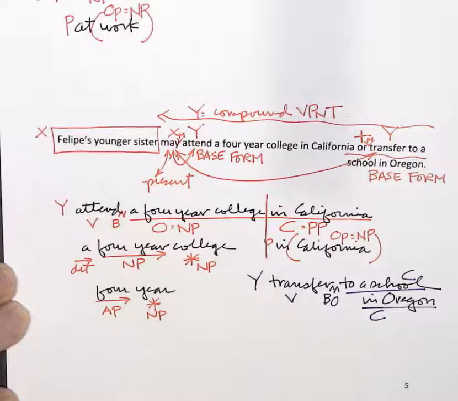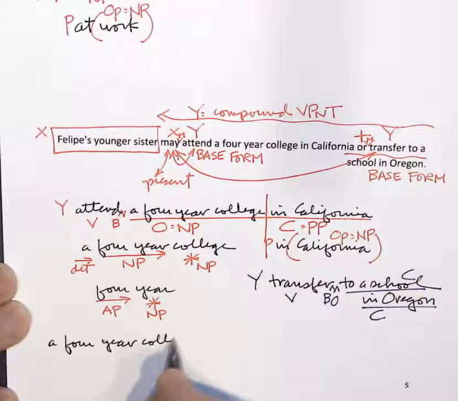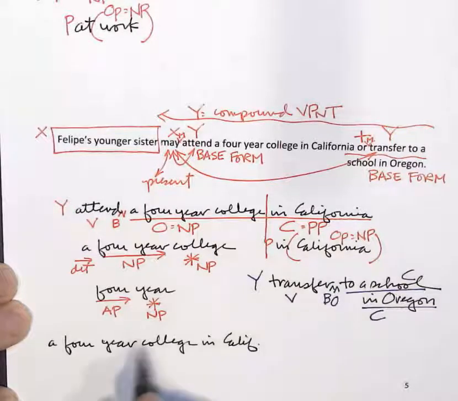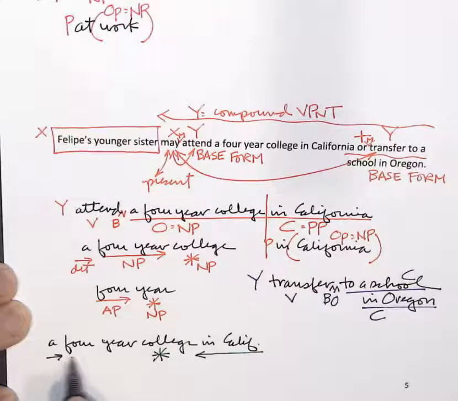But looking at it again, I'm thinking that it could also be a 4-year college in California, and we could have analyzed it this way too, and called the prepositional phrase a modifier of college.